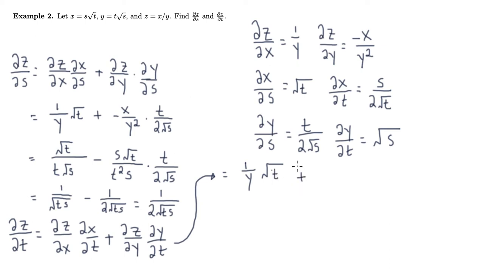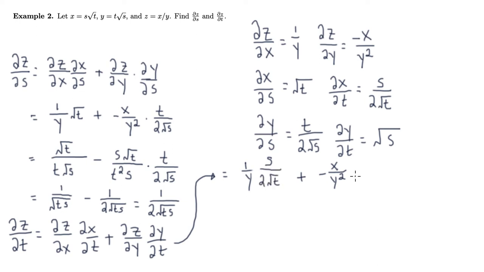And then partial z, partial y, that's minus x over y squared times partial y, partial t is, oh, hold on a second, partial x, partial t is up here. That's not correct. Yeah, so partial x, partial t is s over 2 root t.